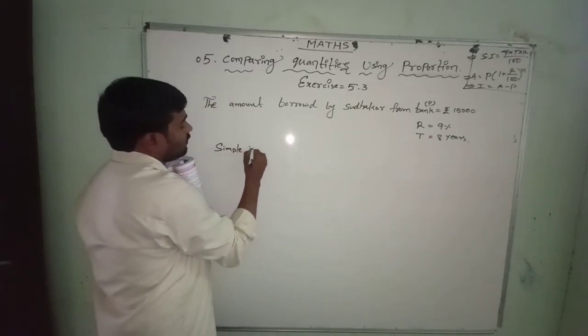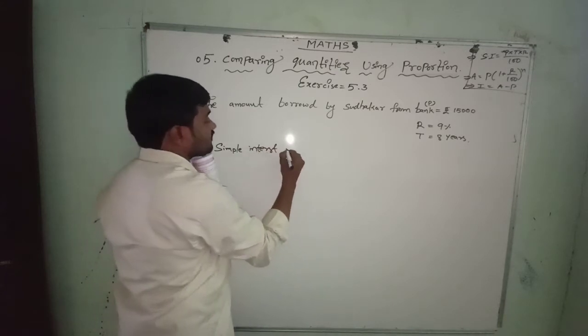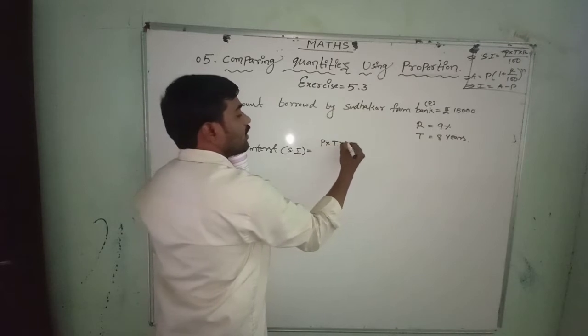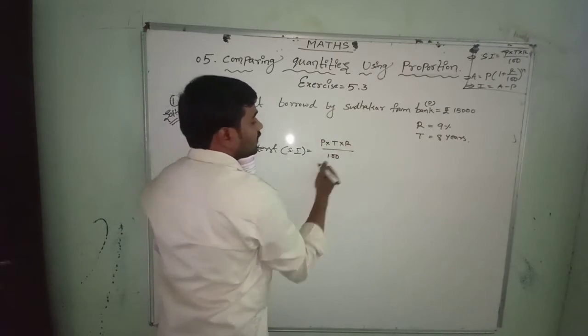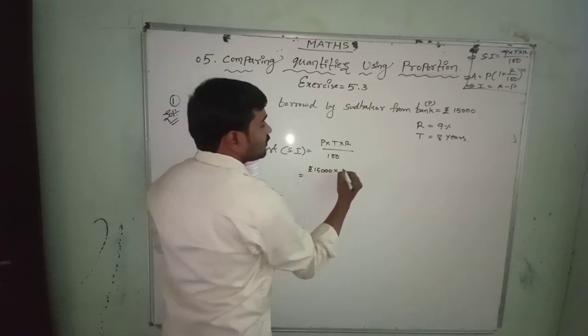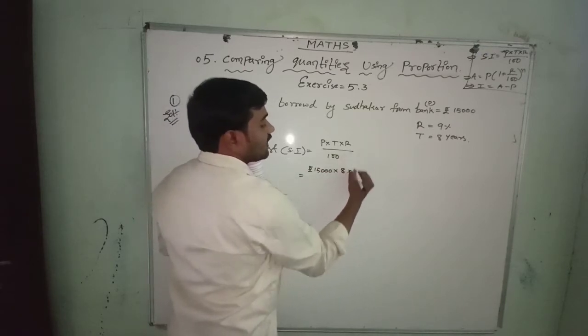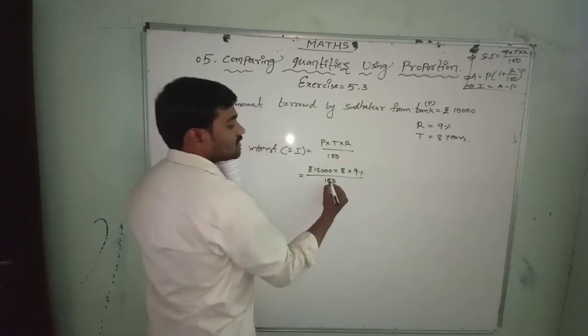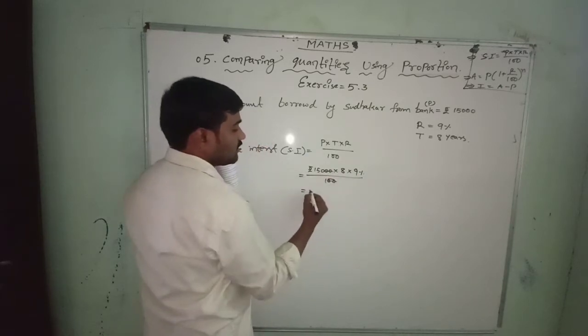Simple interest formula: SI equals P into T into R by 100. P is rupees 15,000 into time 8 years into rate of interest 9% by 100. These two zeros and these two zeros get cancelled.